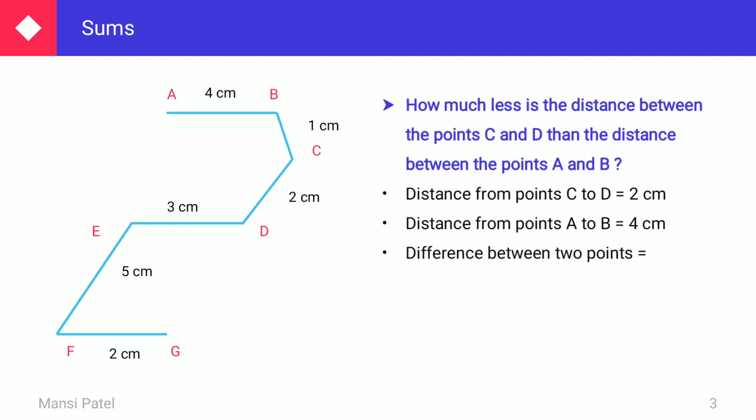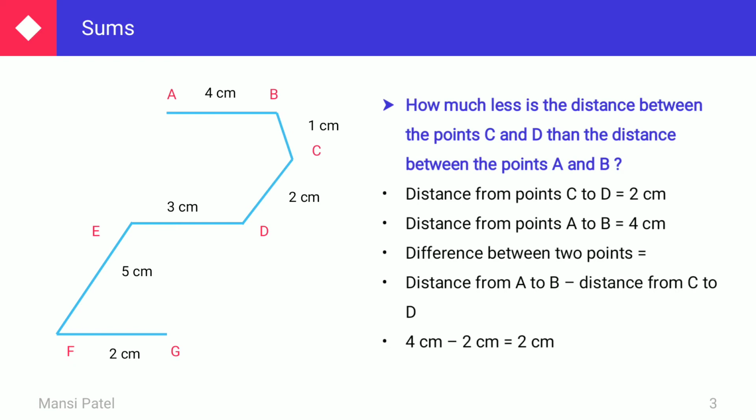We have to find the difference between the two points. So first we write down the distance from A to B, and from this we subtract the distance from C to D. The distance from A to B is 4 cm minus 2 cm. So 4 minus 2 is equal to 2 cm.